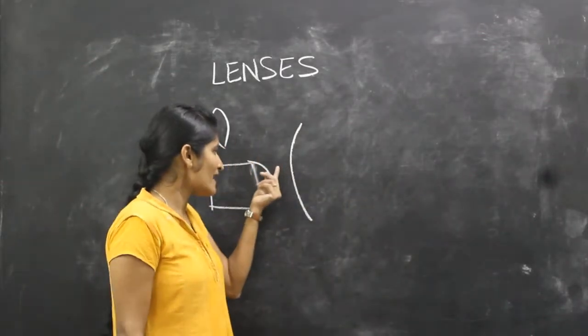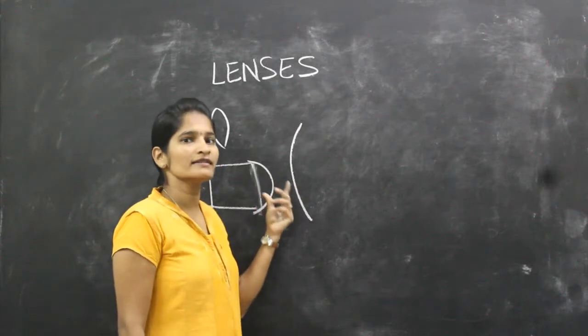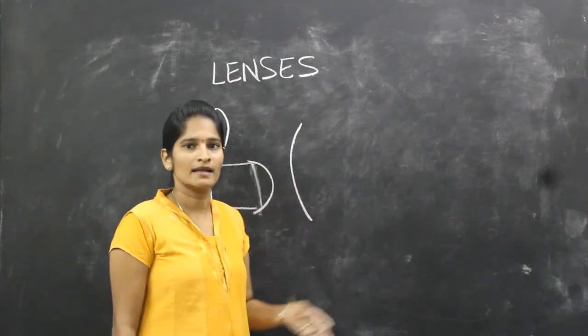When the lens has curved surfaces, those are called spherical lenses.